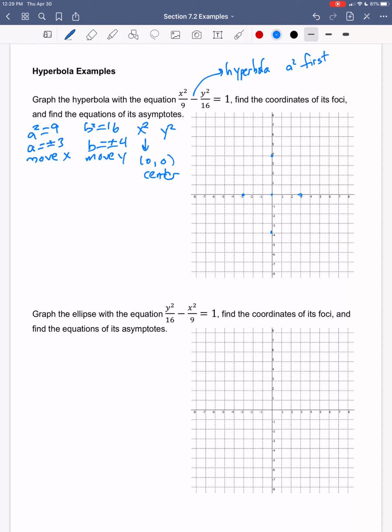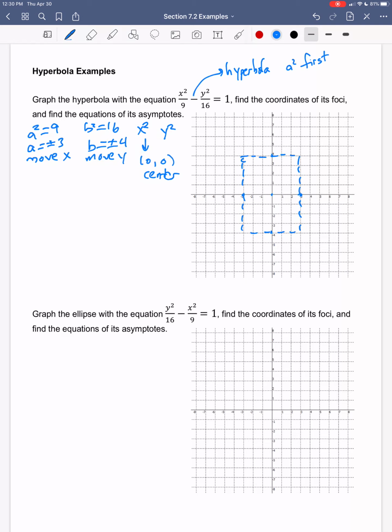It's really important for a hyperbola to make a rectangular box that goes through those points. So we just connect these corners and make that box going all the way around.